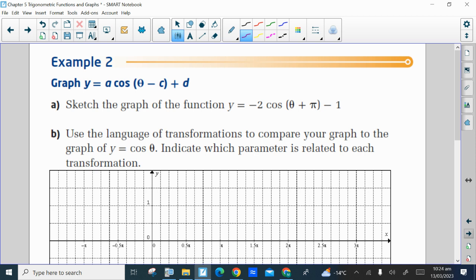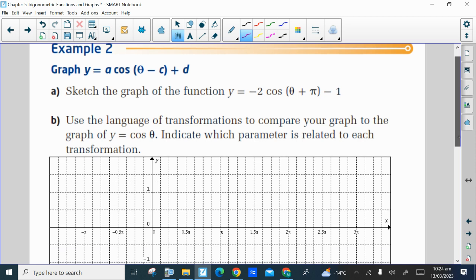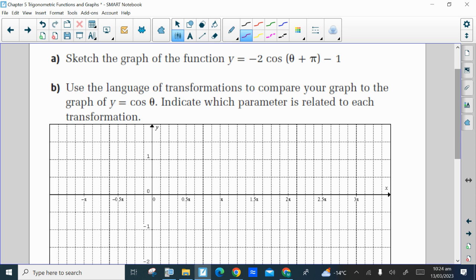So now let's add in changing the amplitude, introducing an A parameter. Again, this will be a transformation of y equals cos theta. So we'll start with that as our base graph. Cosine starts at the maximum. Also notice here that instead of pi over 2, it uses 0.5 pi.